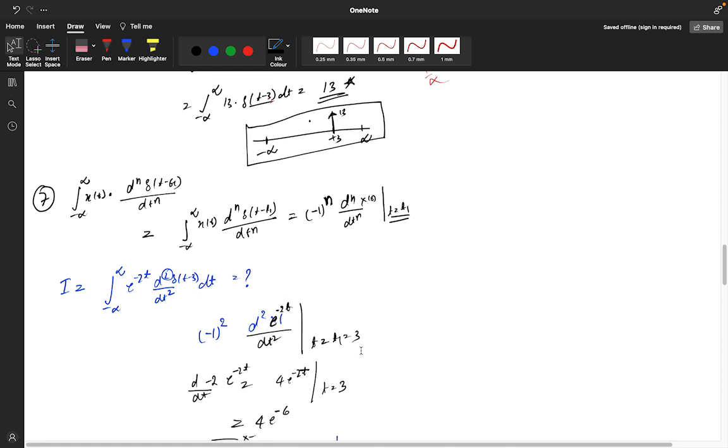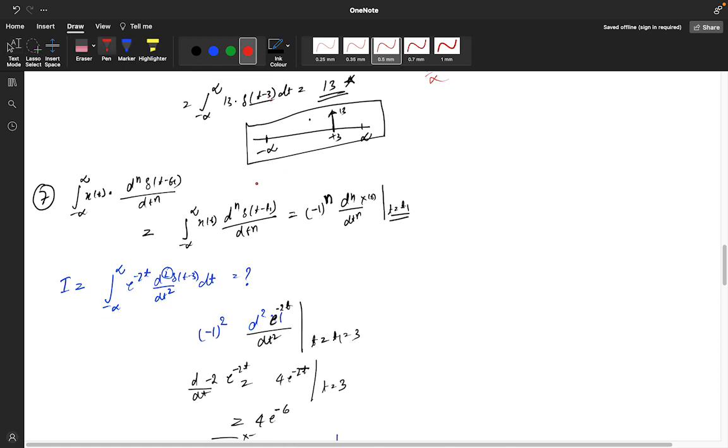Okay, now there is another concept: minus infinity to infinity of x of t into the nth derivative of delta t minus t1, d to the power n by dt to the power n, means we are doing a particular number of differentiations.